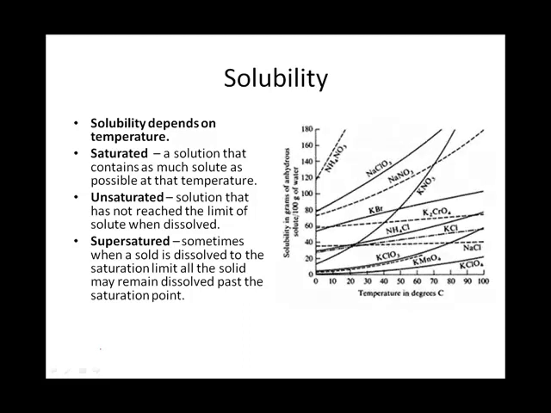Here's an example of the solubility curve. If we take a look at, for example, potassium nitrate, this line represents the point of saturation. Above the line is supersaturation, and below the line is unsaturation.